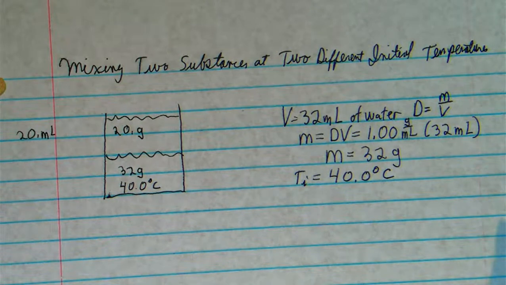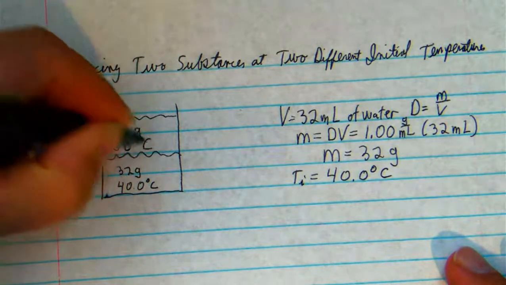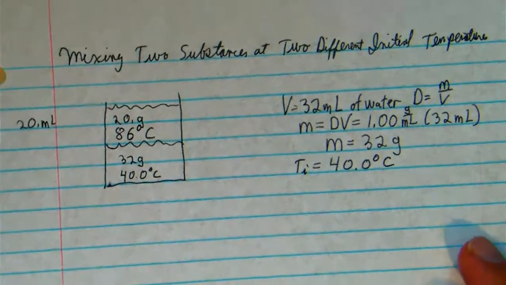I said significantly different. You're fired from 40 degrees. Alyssa, significantly different, but it still needs to be liquid water. So somewhere between 0 and 100, but don't have it very close to 40. Um, my goodness. 86 degrees Celsius. There we go. I can work with that.